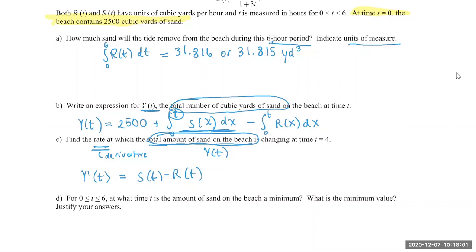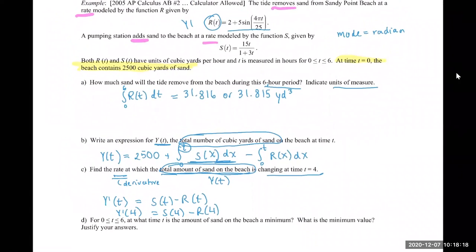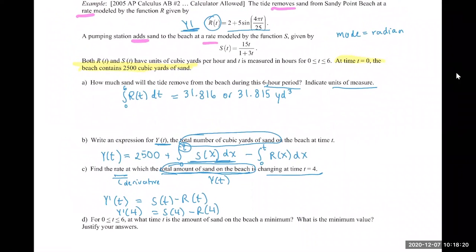Okay, so then from there, they want to know, find the rate of change at time t equals 4. So we're going to calculate y prime of 4 as s of 4 minus r of 4. So currently, you have stored in your calculator r of t as y1. I remember that because I looked back and saw that's y1.